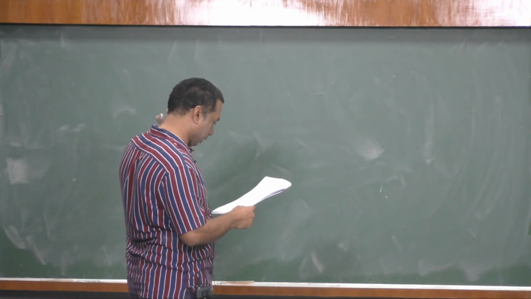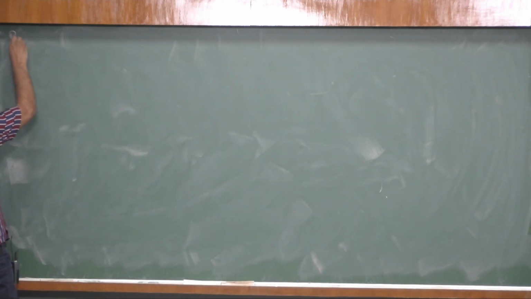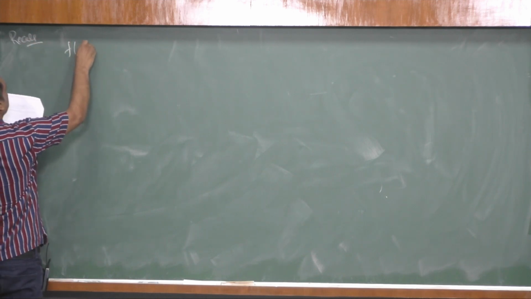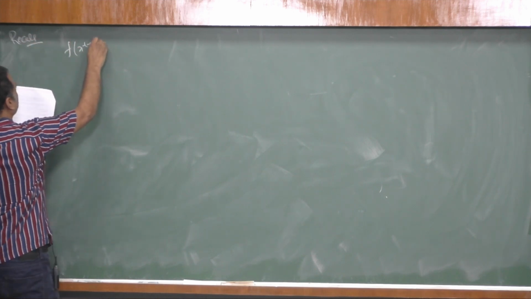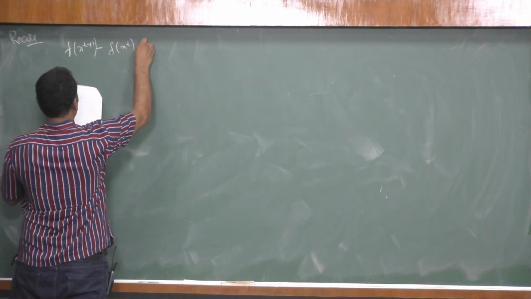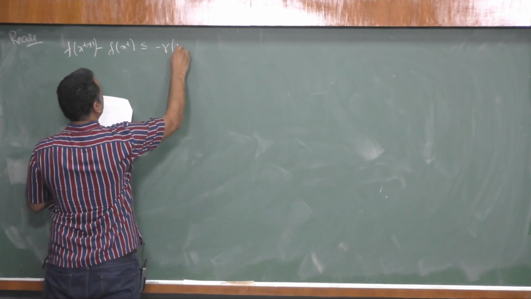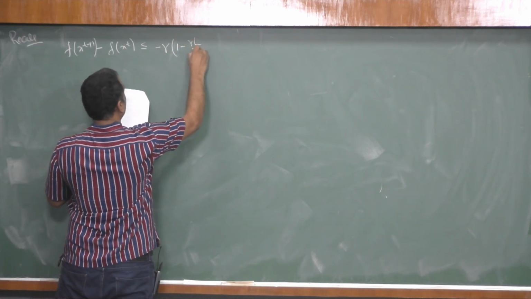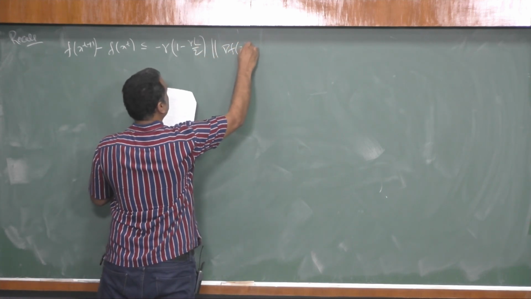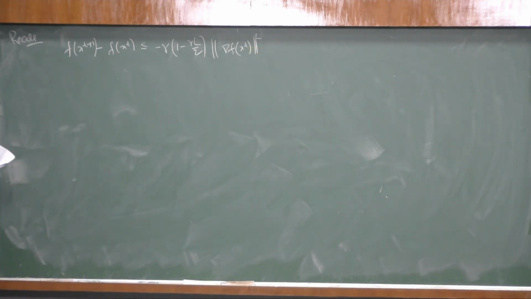the current equation, and then recall the one that we had done previously is this one: f(x_{t+1}) minus f(x_t) is less than or equal to minus gamma times (1 minus gamma L by 2) times the norm of grad f(x_t) squared. This is something we have proved before, okay?